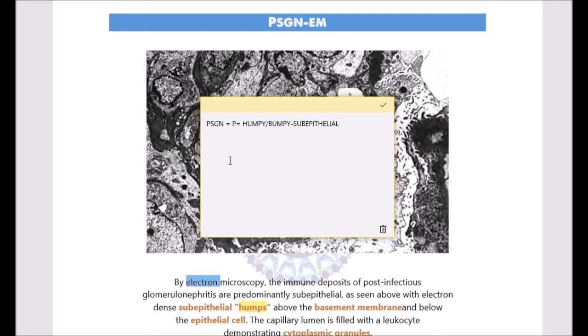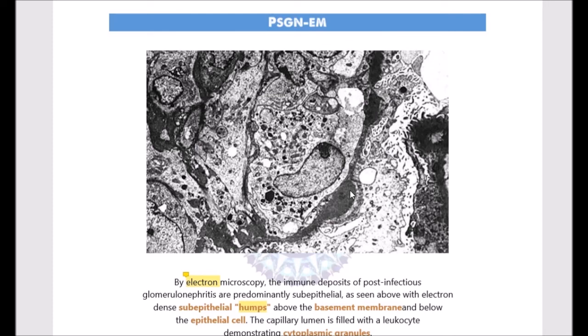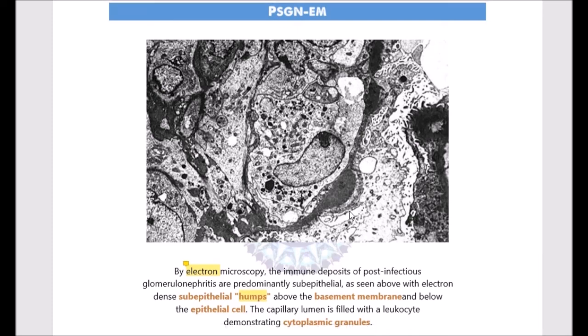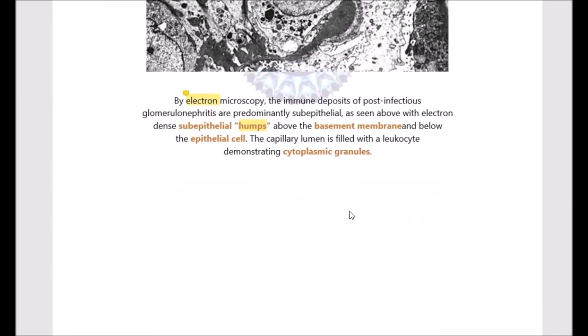So the electron-dense deposits will be on the subepithelial humpy. P, PSGN, P for humps. These subepithelial humps are very important, and also the diffuse, the DPGN. But the most important feature in electron microscopy, my dear, is the subepithelial humps.